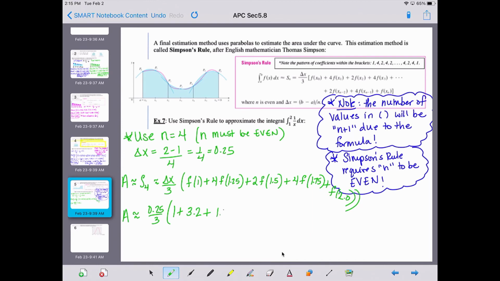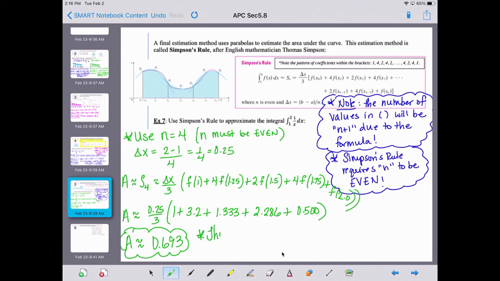That gives us 1.333. Then we do f of 1.75 times 4. That gives us 2.286. And then f of 2.0 times 1 is just f of 2.0, which is 0.500, or just 0.5. And then again, grab your calculator and do the math, and we get area is approximately equal to 0.693, woohoo, which we know is actually our exact value.